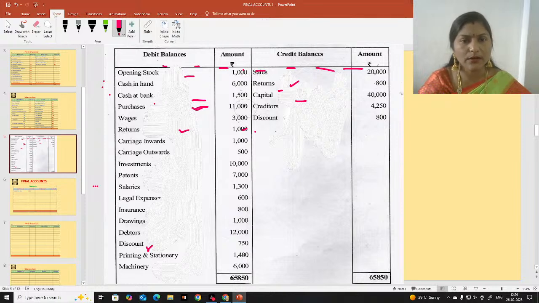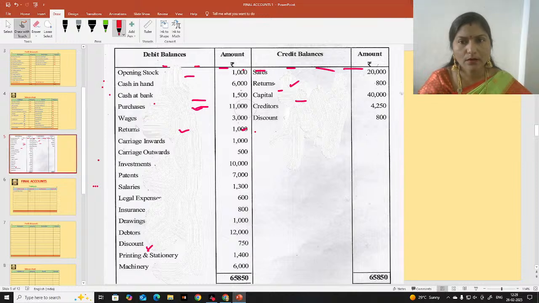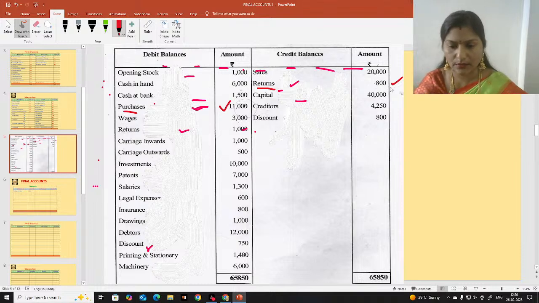Purchases are available here in the question. Whatever returns are appearing on the credit side are known as purchase returns. You can see purchase returns on the credit side, purchases on the debit side. So purchases are 11,000 students, and purchase returns are 800.